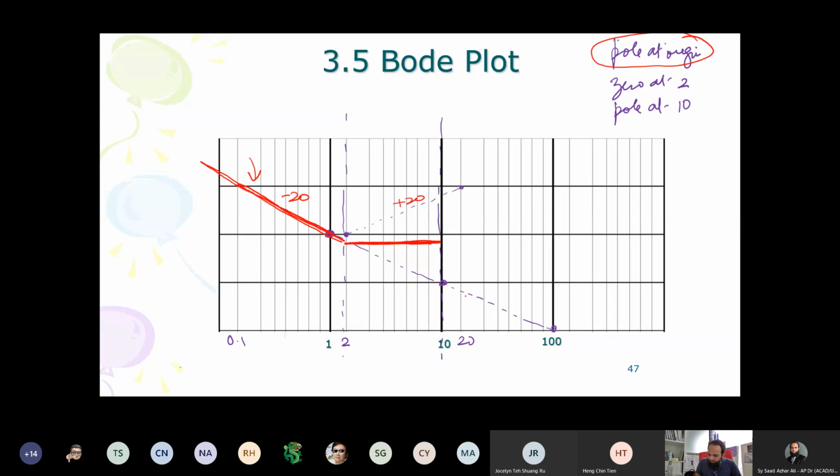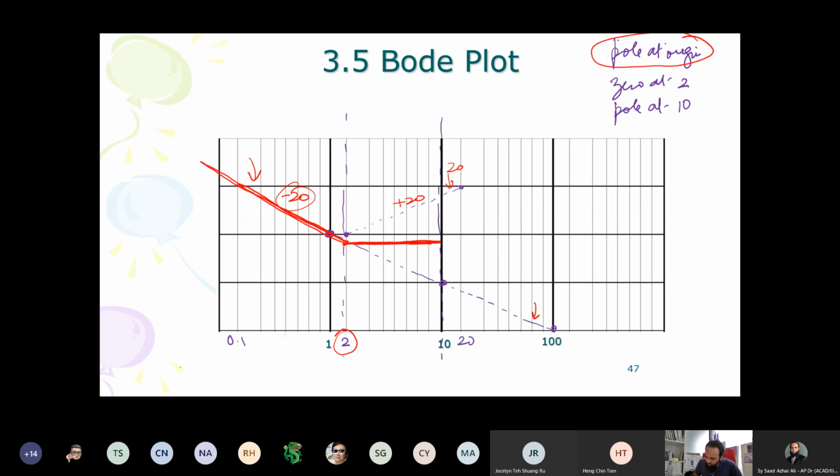So this line is the pole at origin. Then this is because of this slope. And at 2 we have this particular line of plus 20 dB. This was minus 20 dB. So at this point they both will cancel each other. That's why we have a flat line until the next corner frequency. And at 10, we know we have another pole with minus 20 dB.